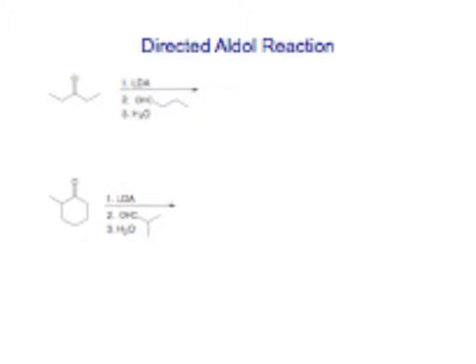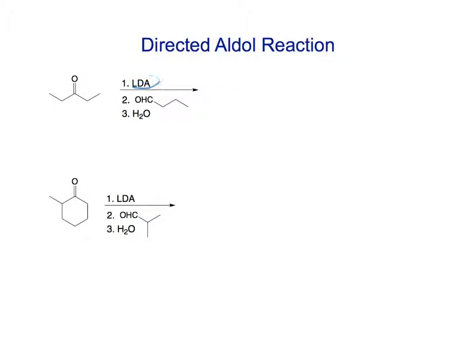In this case, what we do is use LDA with one of the carbonyls. And so essentially we irreversibly make the enolate, okay? And then we add the aldehyde to that, okay? So the enolate just reacts once, right? And then it stops there. And so this is the best way really to control the reaction.